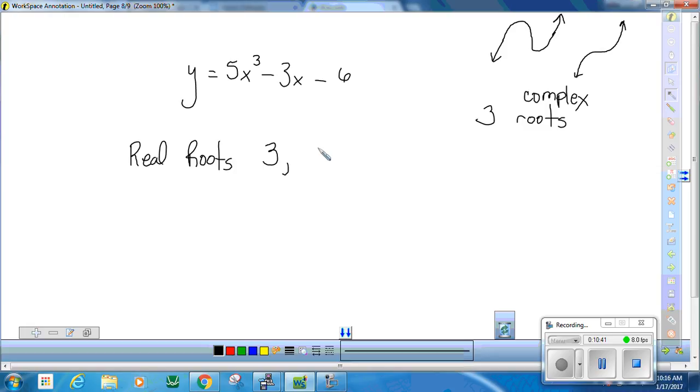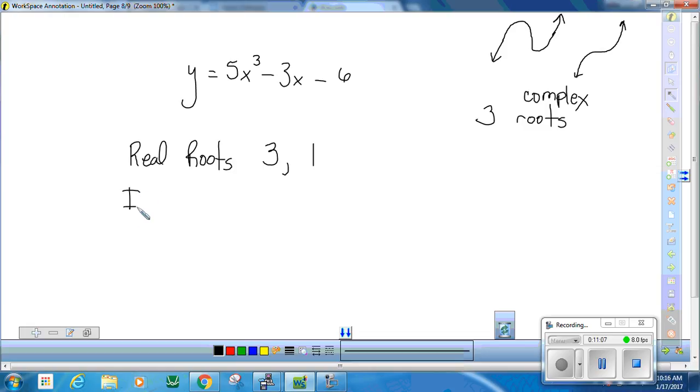But I could also have 1 real root. Because if it's going to have an imaginary root, then it would have to have 2 of them. I can't get 2 real answers and 1 imaginary answer. That's not possible because imaginary answers have to come in pairs. So I'm either going to have 3 x-intercepts or 1 x-intercept.